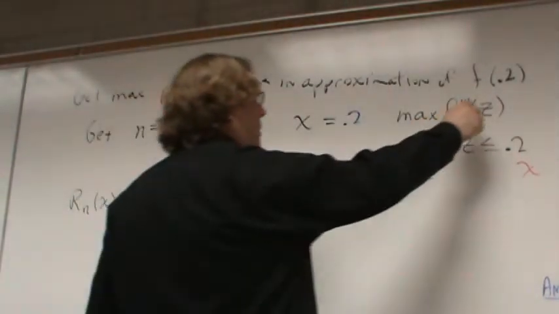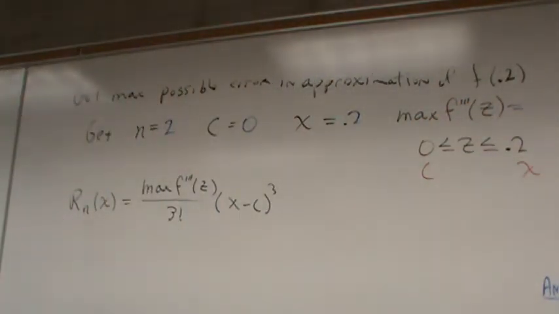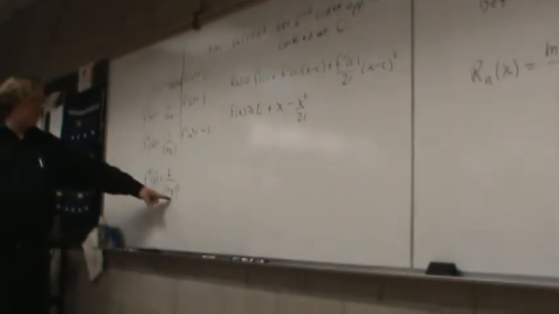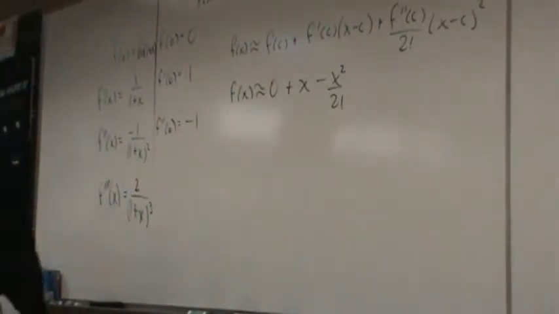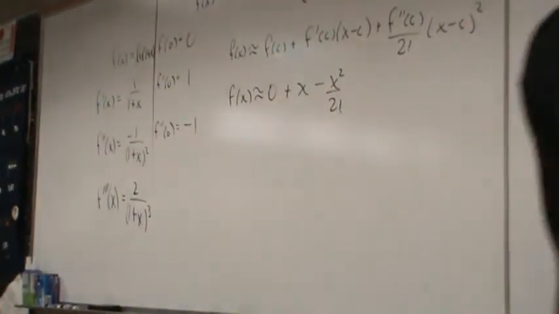And then the maximum value of this guy, well, I'm either going to plug 0 in for x or 0.2 in for x. You tell me, what's the maximum value of the third derivative? 2. Yeah, 2. Because if I stick in a 0, this guy's 2. If I stick in 0.2, this guy's going to be less than 2, because the denominator is greater than 1. So the maximum possible value of the third derivative is 2.